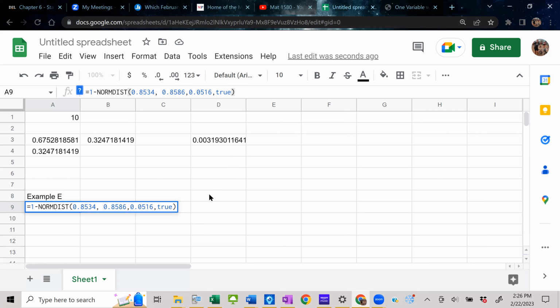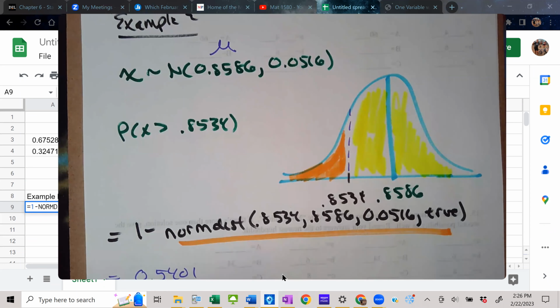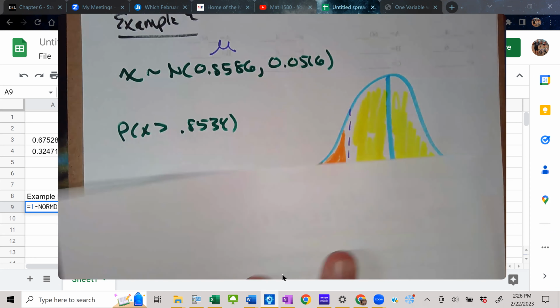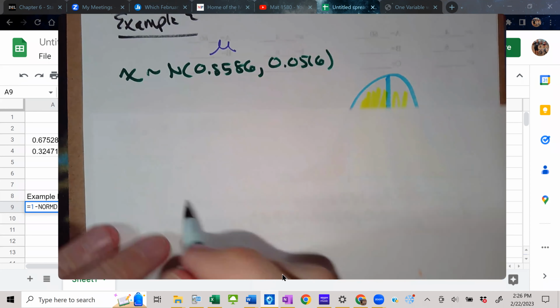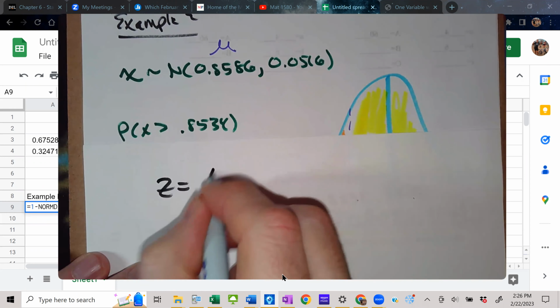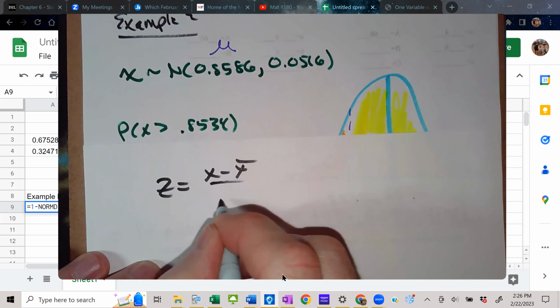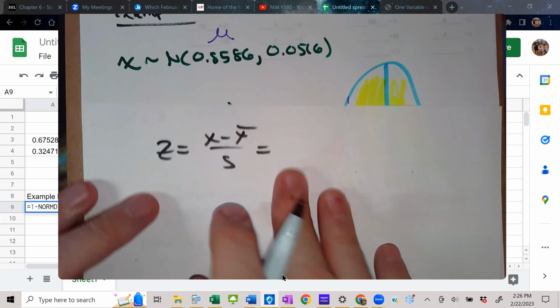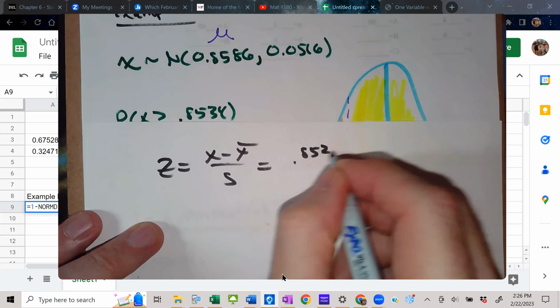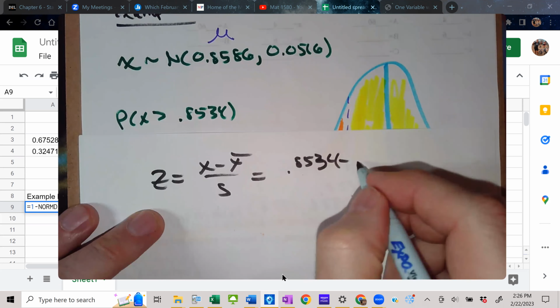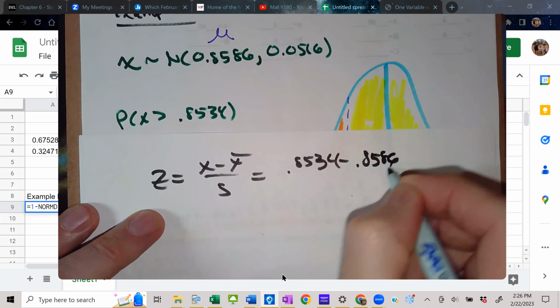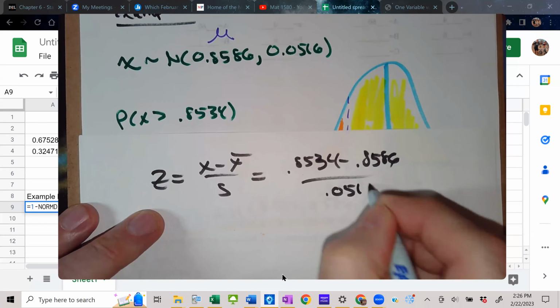You know why? Here's what's happening. The way they probably came up with the answers in the homework is that they're doing it old school. By that, I mean what they used to do was they would make you find Z equals X minus X bar over S. So in this case, it'd be 0.8534 minus the mean, 0.8586, divided by the standard deviation.